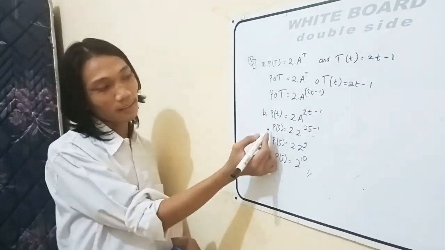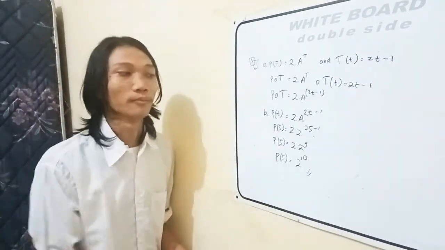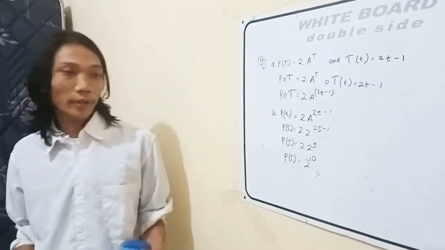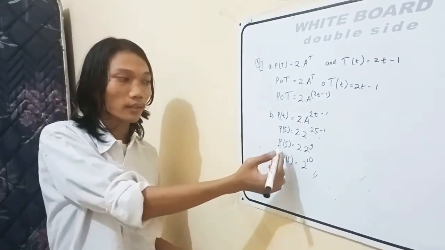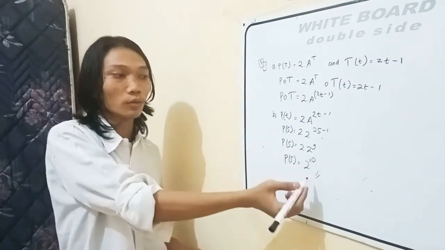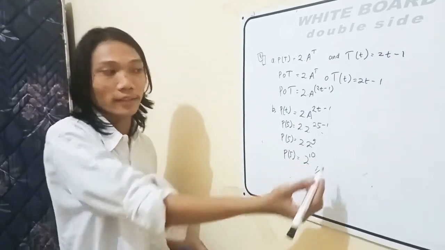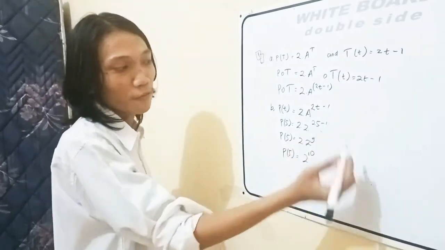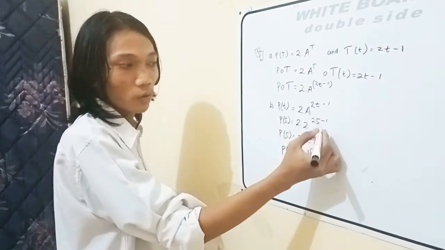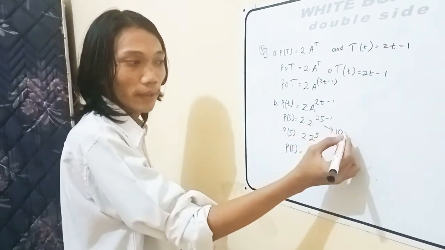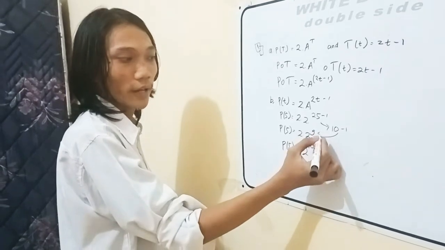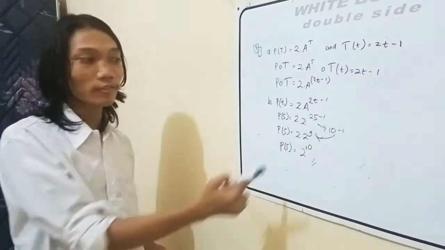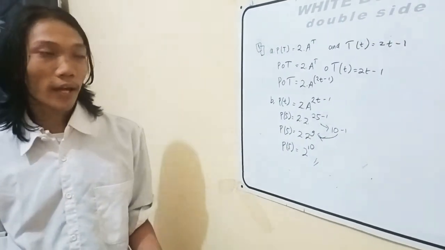Then we do algebraic operation. P(5) is equal to 2 times 2 to the power 9. 9 comes from 2 times 5 is equal to 10, and 10 minus 1 is equal to 9.